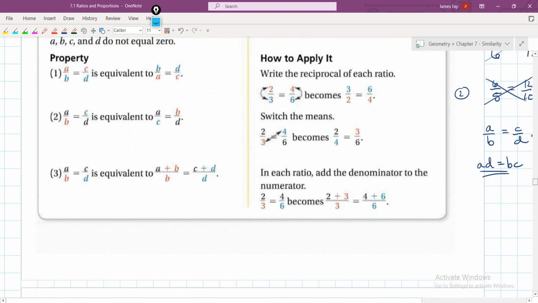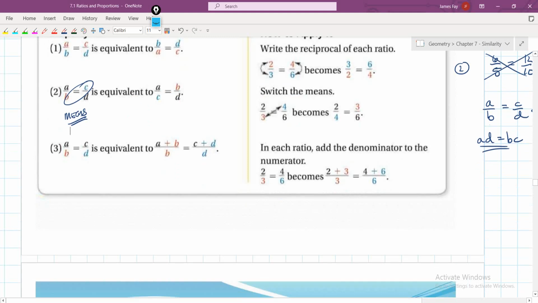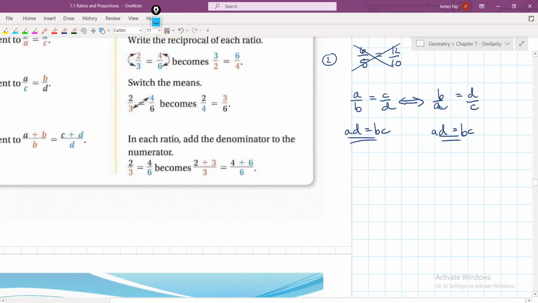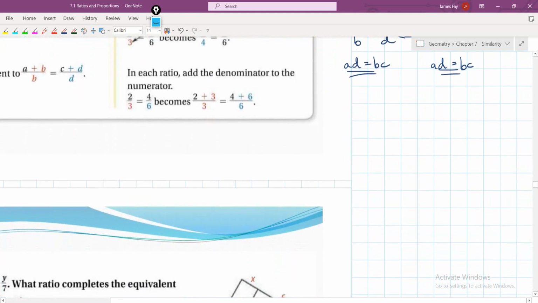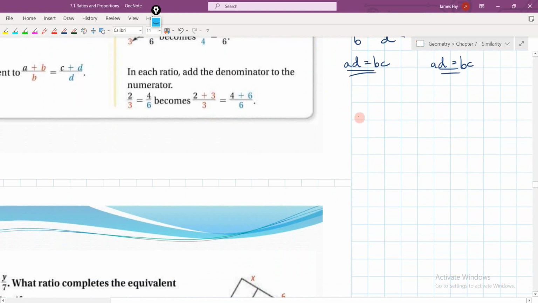The next one says that if you look here, what they've got highlighted, all they do is take those two terms, and remember, those are our means, and they interchange them. So let's say that I start with 5/6 again. So 5/6 is equal to 10/12. So we know that's true.